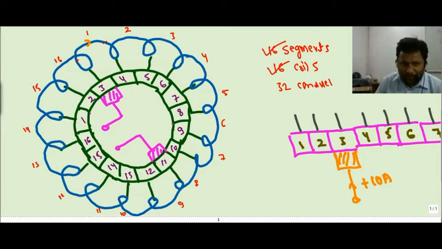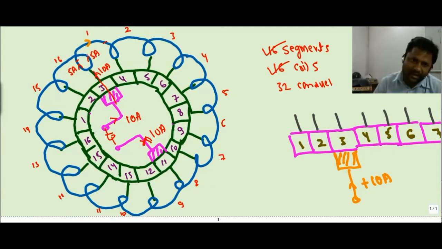Let us say a 10 ampere current is flowing in the load, which is connected and driven by the external prime mover. How will this 10 ampere flow? It is divided into two parts, 5 ampere and 5 ampere.